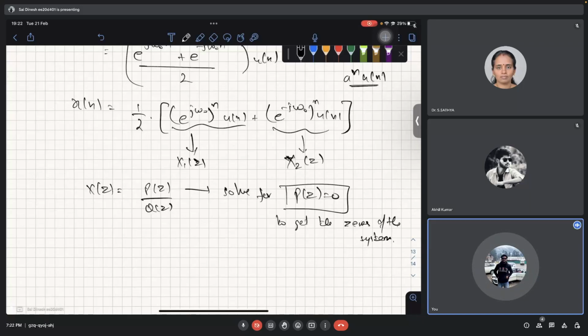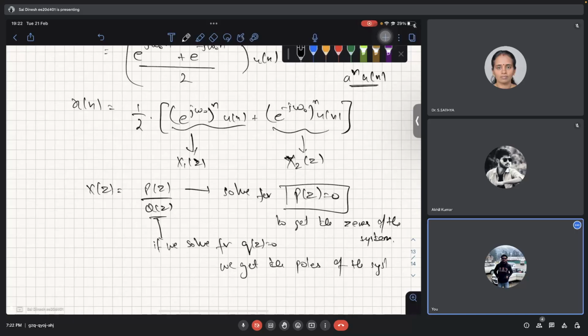That is what you apply here, and then you get the X of z. Find the zeros for that system. If you solve for q of z equal to 0, we get the poles of the system. That is it.